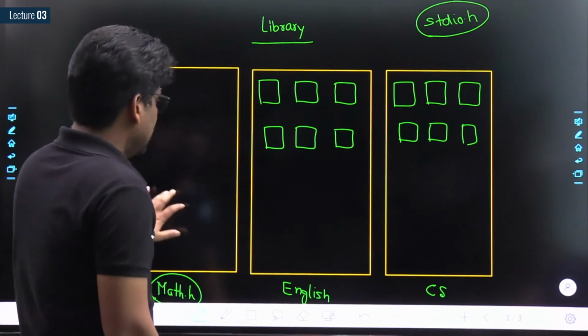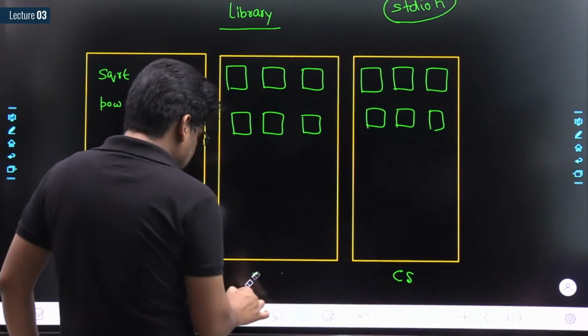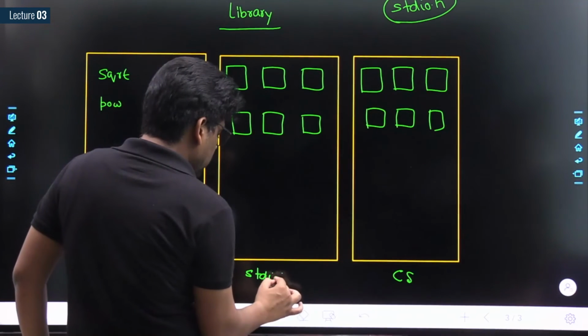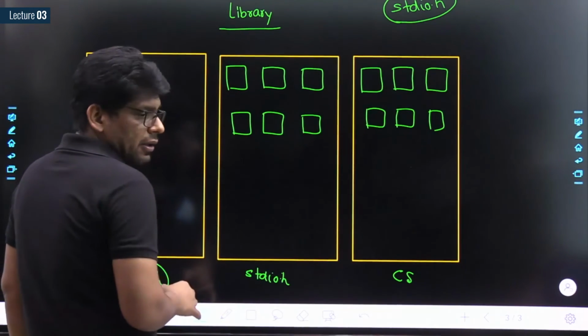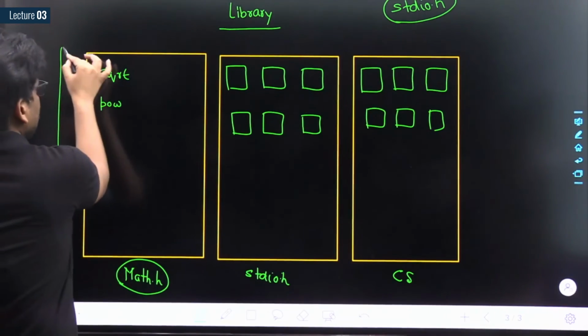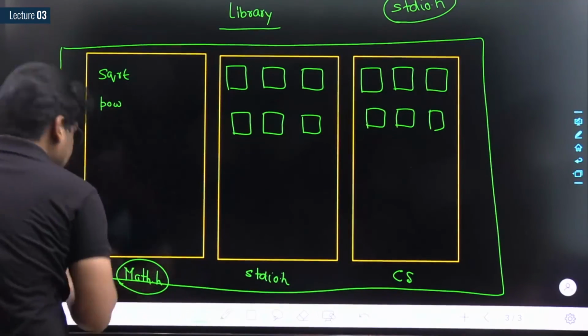Okay, sir. There must be another header file for standard input output. So collectively there are many such header files inside our library.